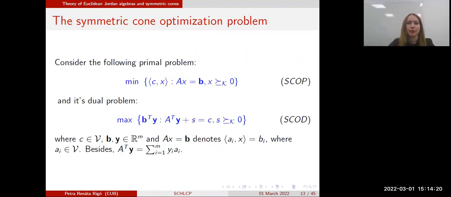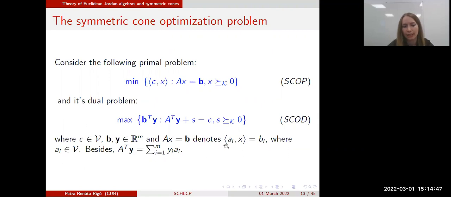Here we can see the symmetric cone optimization problem, and after that I will turn to the linear complementarity problem over Cartesian product of symmetric cones. But before, let us consider this primal dual pair. In the primal problem, we minimize this subject to these constraints. So x is in K. And this Ax equals b should be interpreted in the following way.